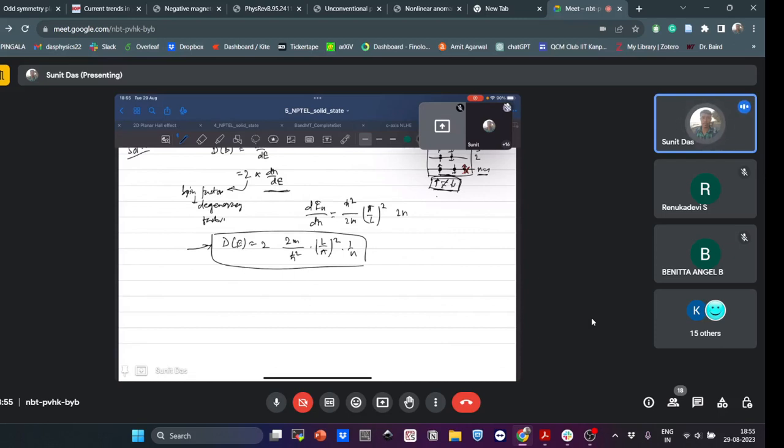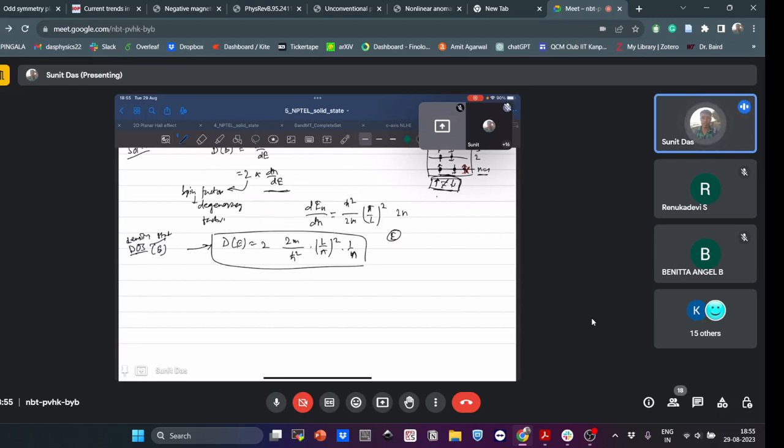Because if you see, I am writing this as a function of energy. So density of states, I am short writing DOS, for density of states. Okay, so DOS is a function of energy, but here nowhere you can find the expression E. Rather, this is n, the energy level index, and all other things.